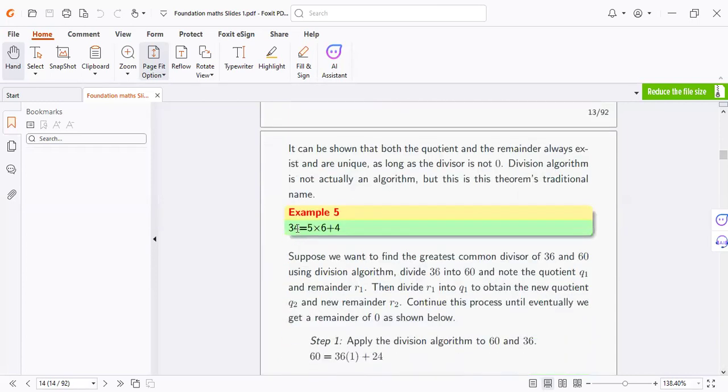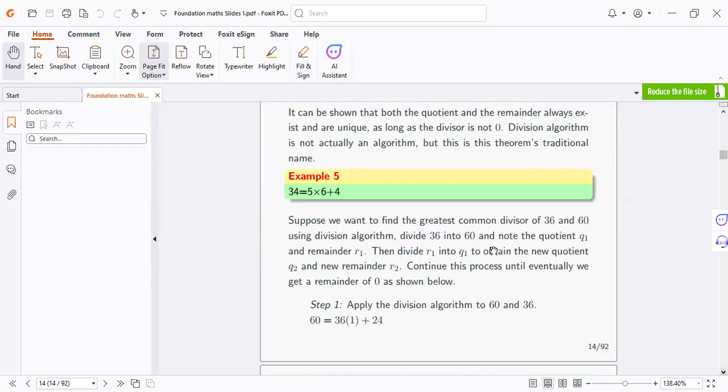I've given an example here of how to apply the division algorithm to get the GCD of 36 and 60. I want to get the GCD of 36 and 60.